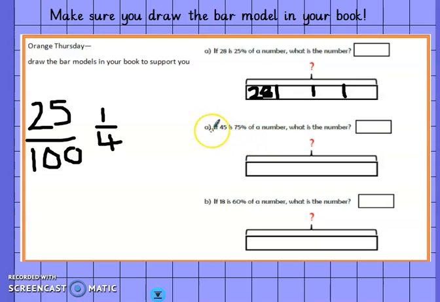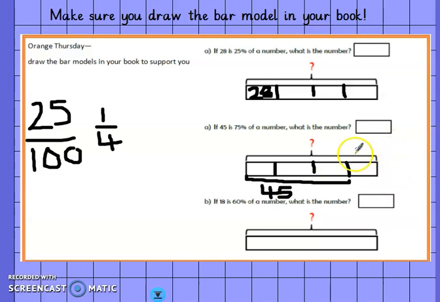It says if 45 is 75% of a number, what is the number? You've just been told here that 25% is quarters. So 45 is 75%, which is 3/4. So that's 45 equals all of those 3.